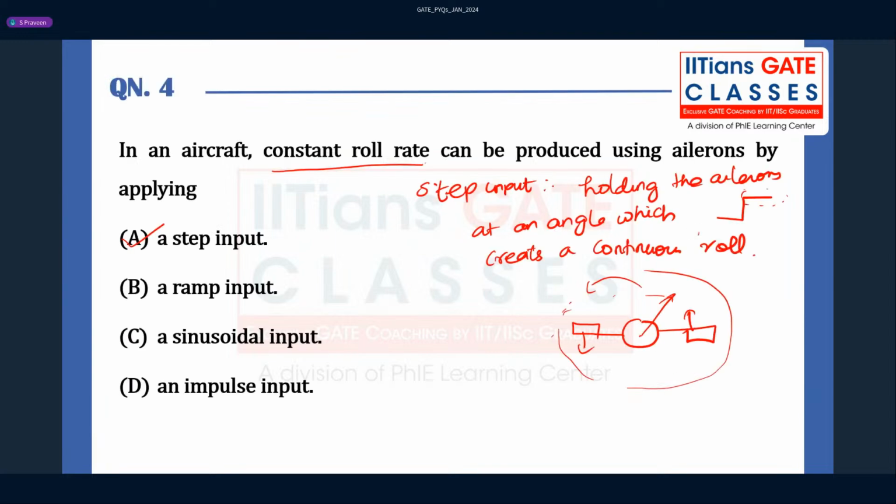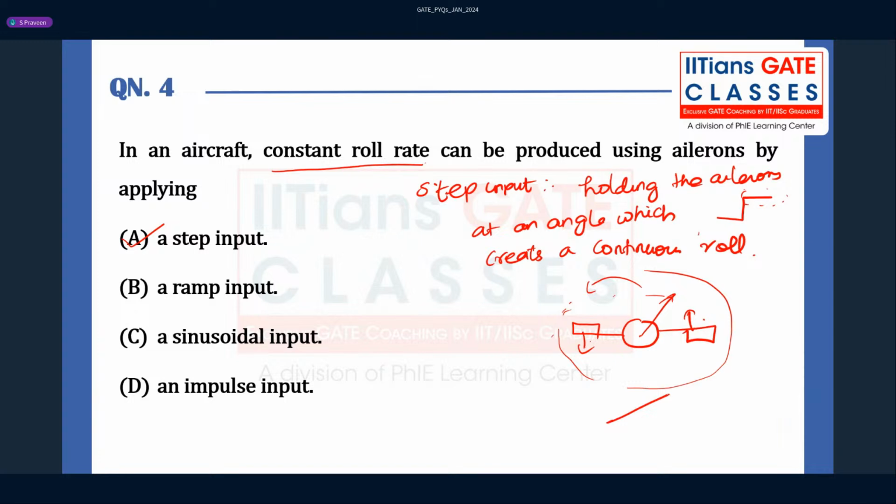so in an aircraft, constant roll rate can be produced using ailerons by applying. See, when I deflect an aileron, let's fix it like this. What will happen? Here you will have loss of lift, here you'll have gain of lift, and here you'll have loss of lift.